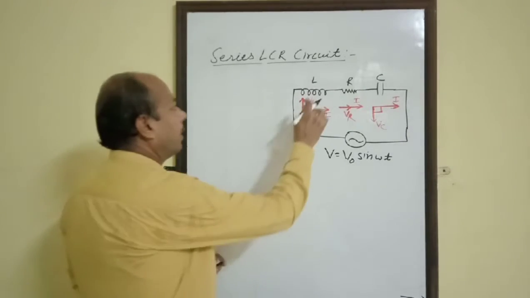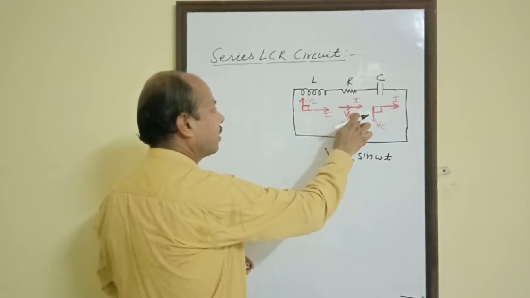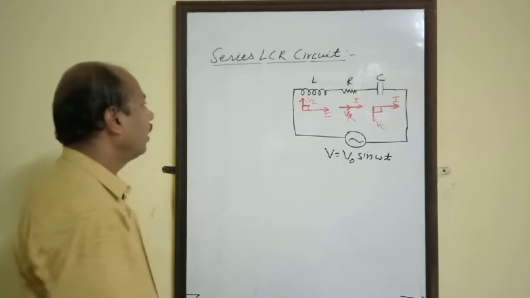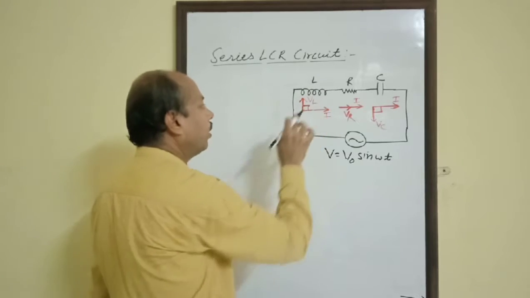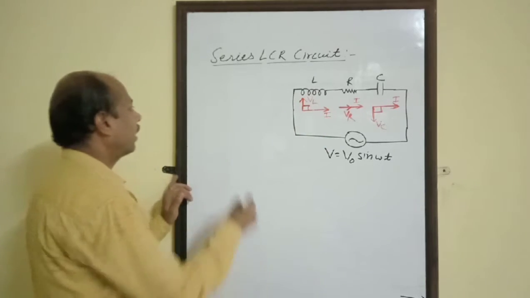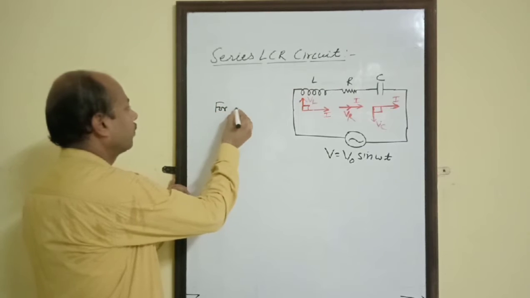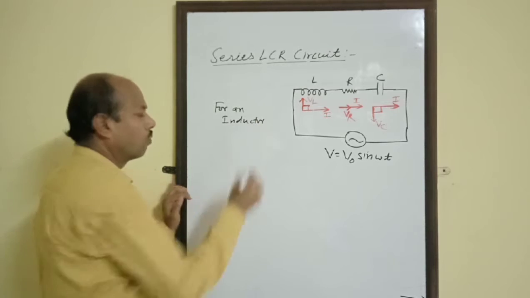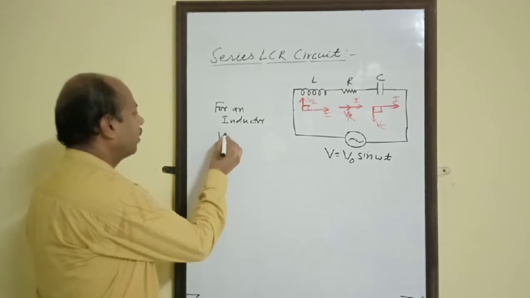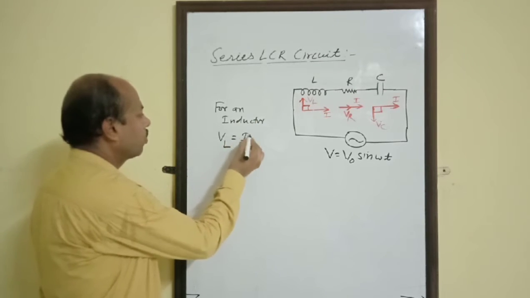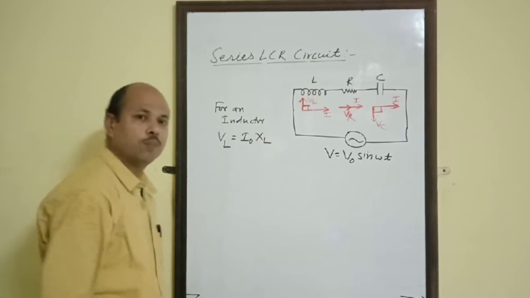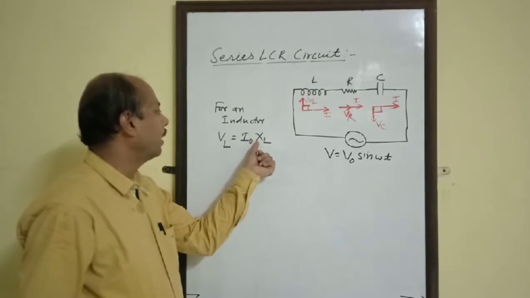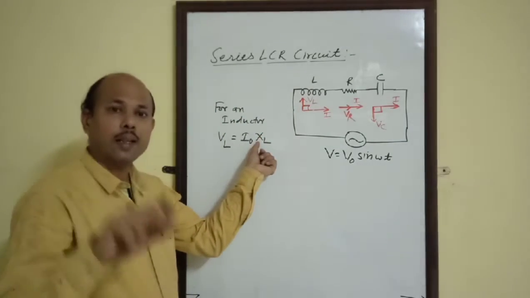We have just seen that inductor, resistor and capacitor have different phase differences. If we write the value of voltage for an inductor, VL equals I naught XL, since the effective opposition offered by the inductor is inductive reactance.